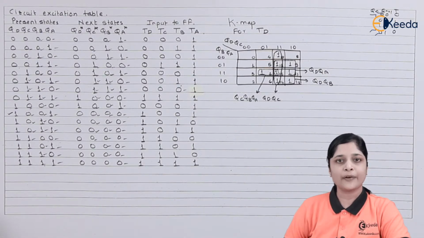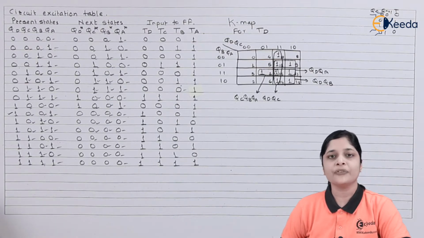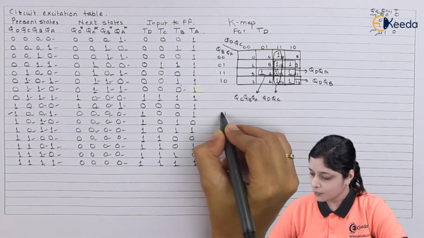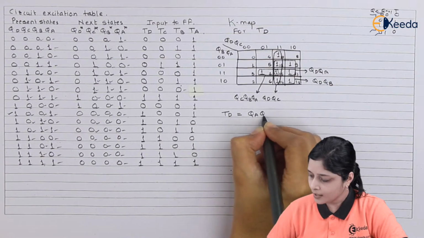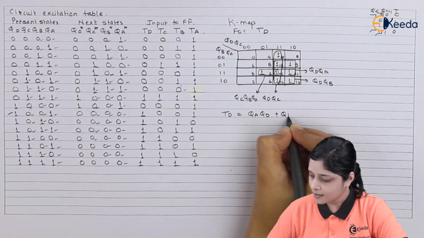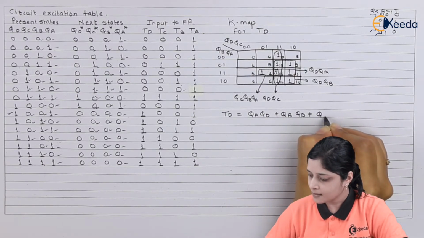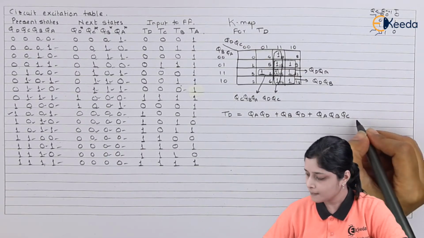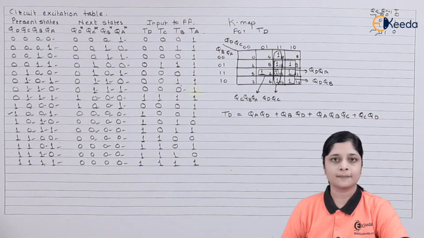So in this way you have to make the groups for TD, and finally you have to write the expression for the TD. So now we will write the final expression for the TD. So for TD we have QA QD plus QB QD plus QA QB QC plus QC into QD.